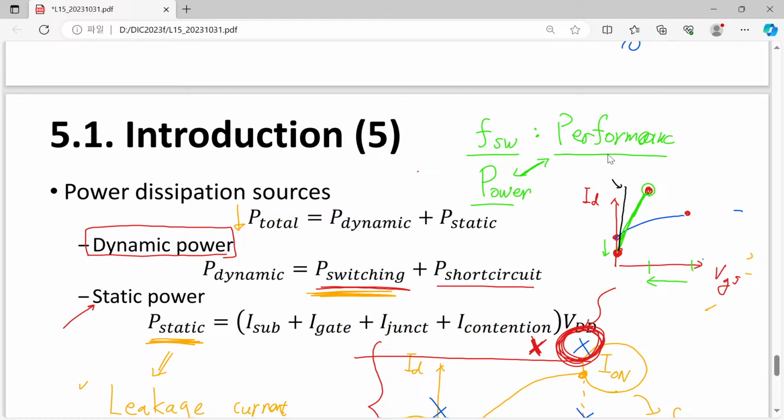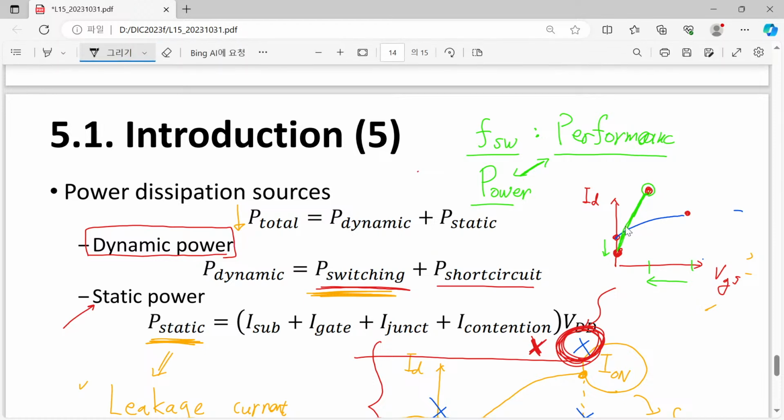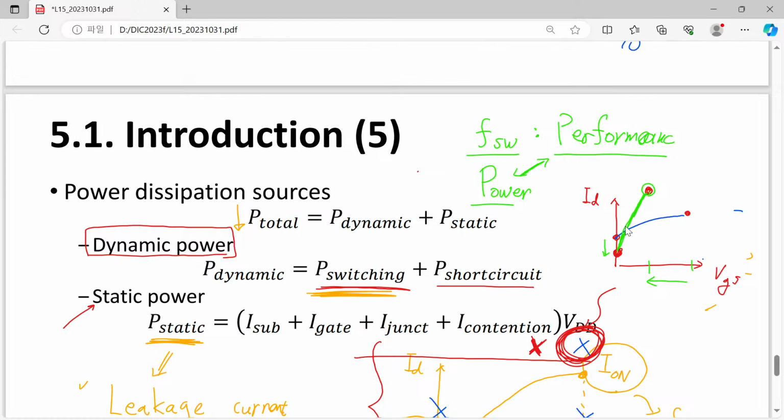In our MOS system, you understand 60 millivolt per decade is the limit of your subthreshold slope. So this kind of super steep device cannot be achieved. We must stay at a relatively moderate value of subthreshold slope. Okay, that was the introduction about our power consumption.